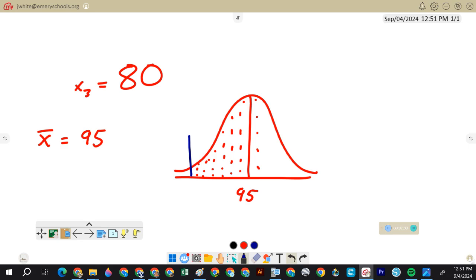So what we do is we measure the distance from here to the inflection point, and that is usually 1 standard deviation. And remember, standard deviation is described as the average distance from the average. It's actually a little bit bigger than the average distance from the average, but we could just call it that.